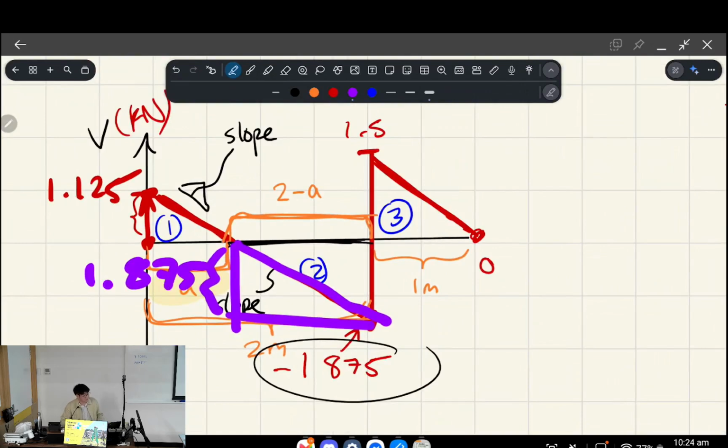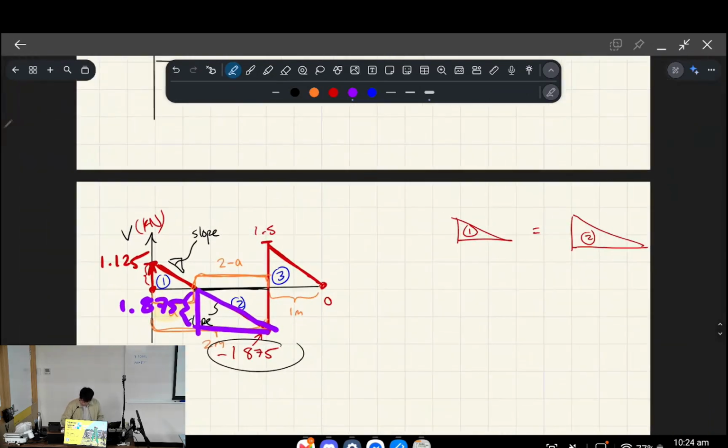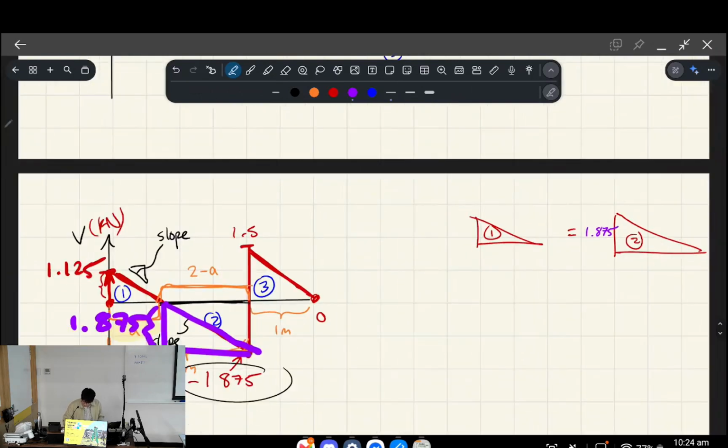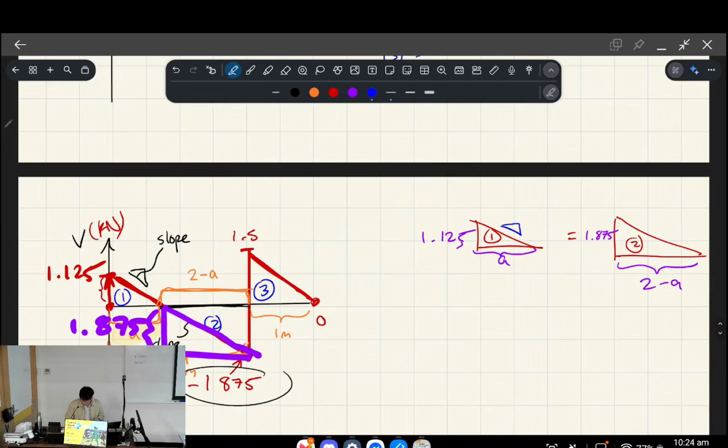If I was to draw it on here, it's like 1.875, it's like that, and then this is 1.125. And then the base, this is A, and then this is 2 minus A. So now we have a fair comparison because we can directly relate the slopes.